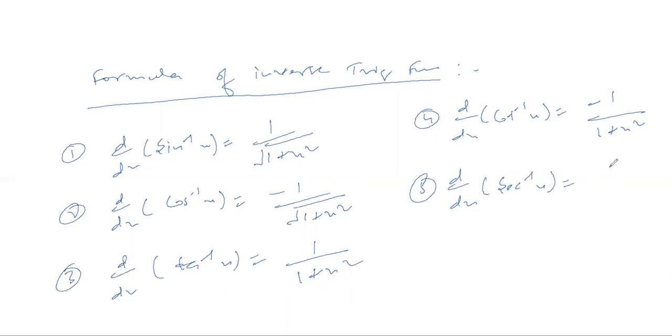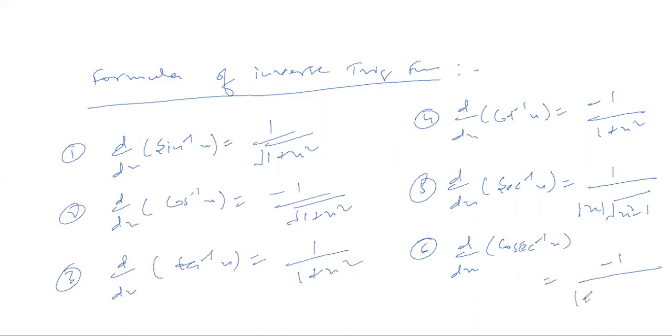It will be 1 upon x under root x square minus 1, and x should be taken inside the mod, because it is always positive, so I will take it as mod x. And in the same way, d by dx of cosec inverse x, the last one, is equal to minus 1 upon mod x and under root x square minus 1. Okay, this is how we can do this.